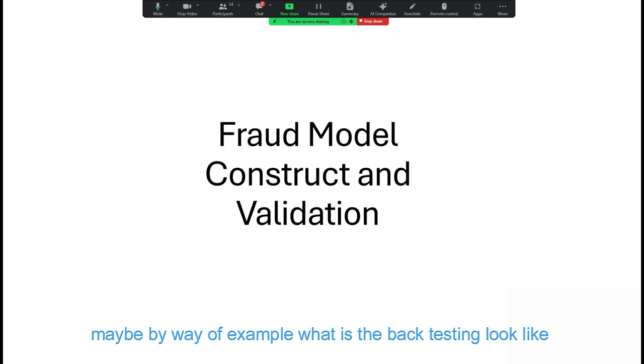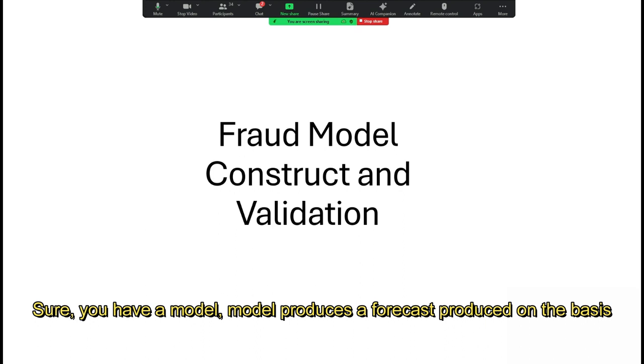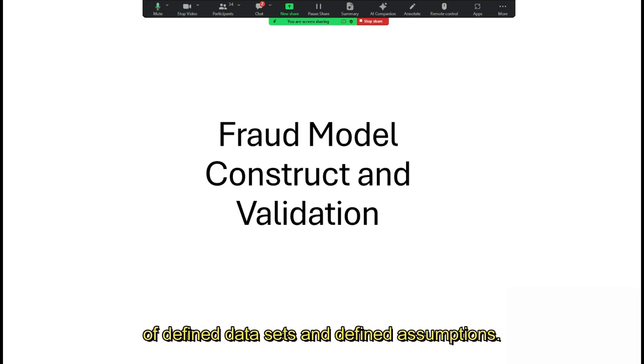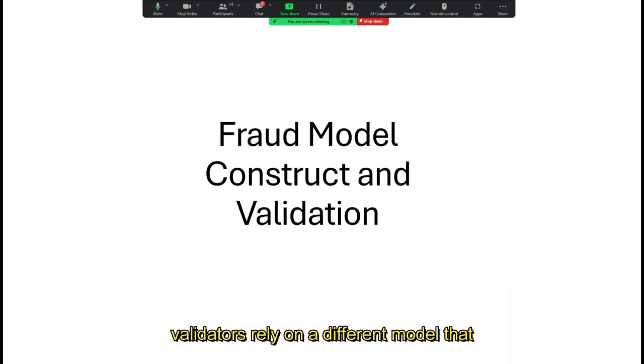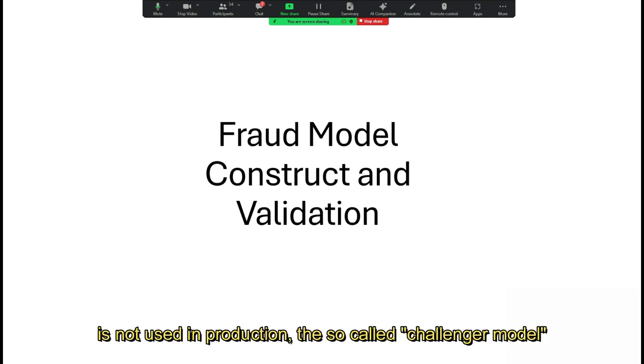Sure. So you have a model that produces a forecast, right? The forecast is produced on the basis of defined data sets and defined assumptions. To backtest the accuracy of that assumption, validators rely on a different model that is not used in production, the so-called challenger model.